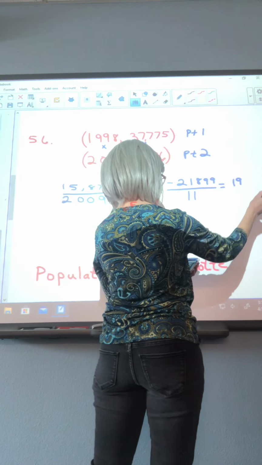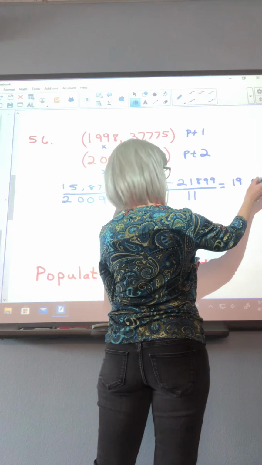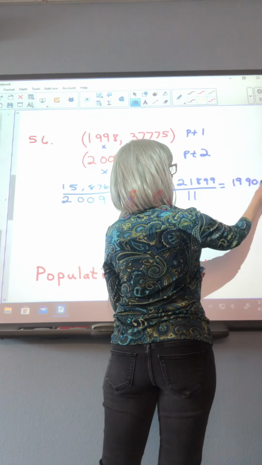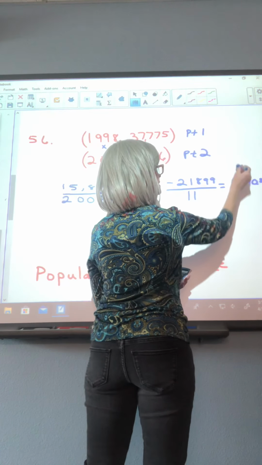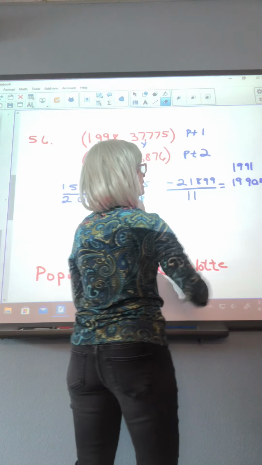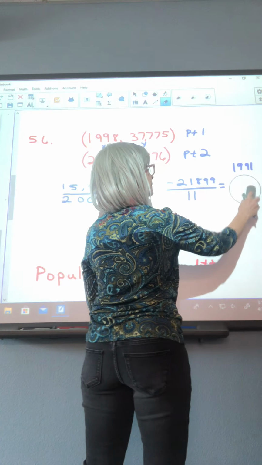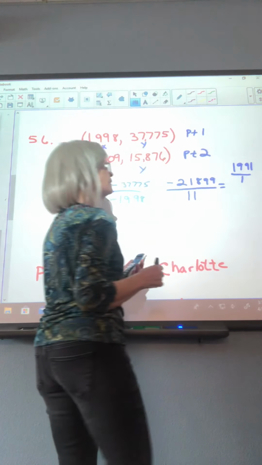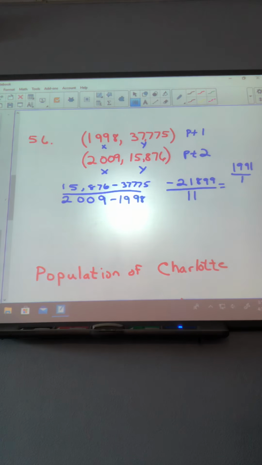You're going to get about 1990, and then it says 0.8. So we could say 1991. You could round that up per year over 1. So 1,991 injuries per year.